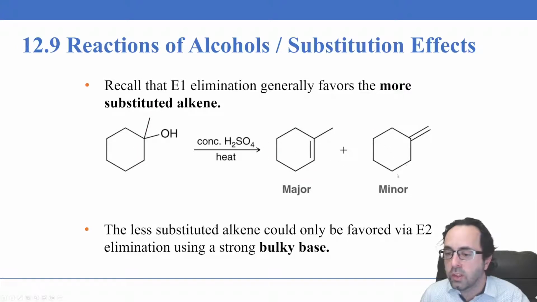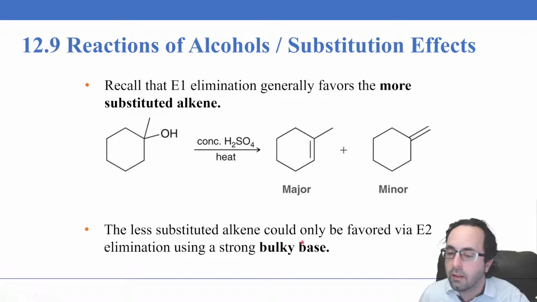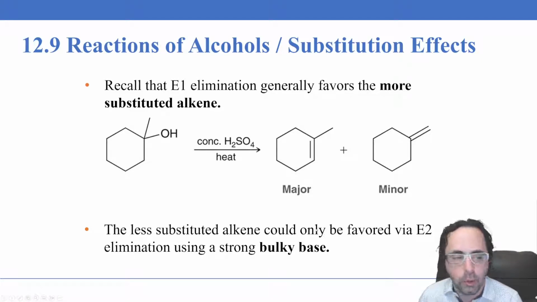So we get the more substituted alkene rather than the less substituted one. You would only get the less substituted one if we do E2 using a bulky base, such as potassium tert-butoxide, t-BuOK, as it's also called. So old reaction again from chapter 7, but it is involving alcohols, so it's worth mentioning here.